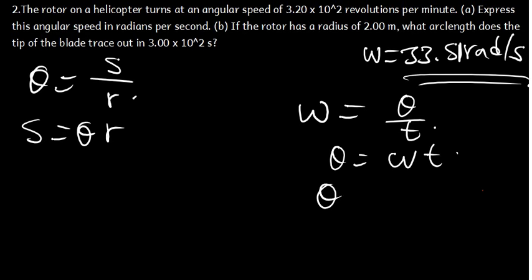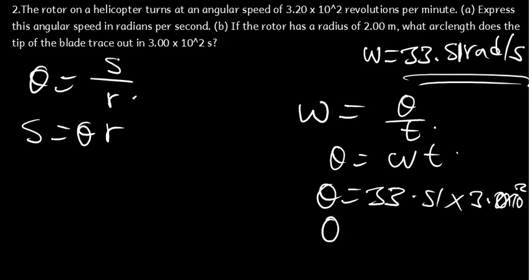So the angular displacement is going to be the angular speed, 33.51, times the time, 3.00 times 10 to the power 2, which is giving me 10,053. That is in rad. So angular displacement is supposed to be in rad.